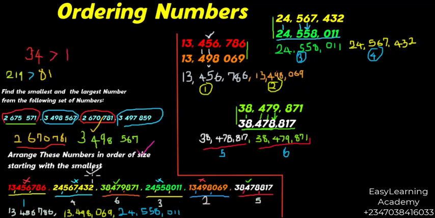Good. The next one we're going to do now will be number 4, that is still in 24 million. So let's have a comma here to differentiate it. That is 24 million, and then we also have, let's have a comma here, that is 567,000.